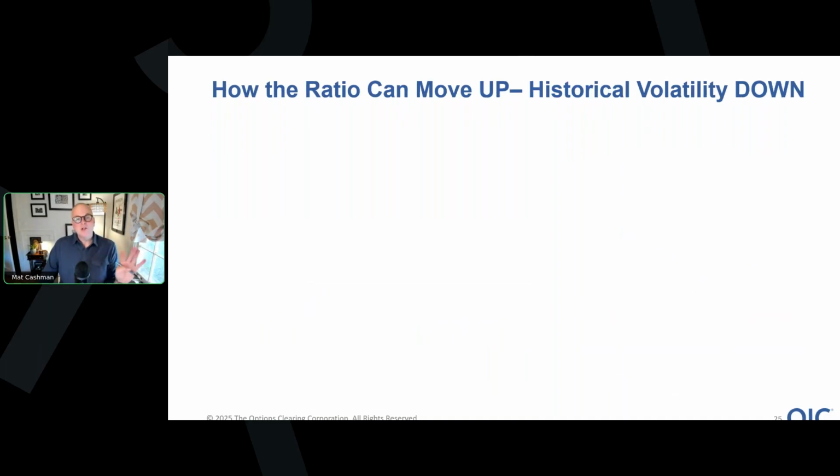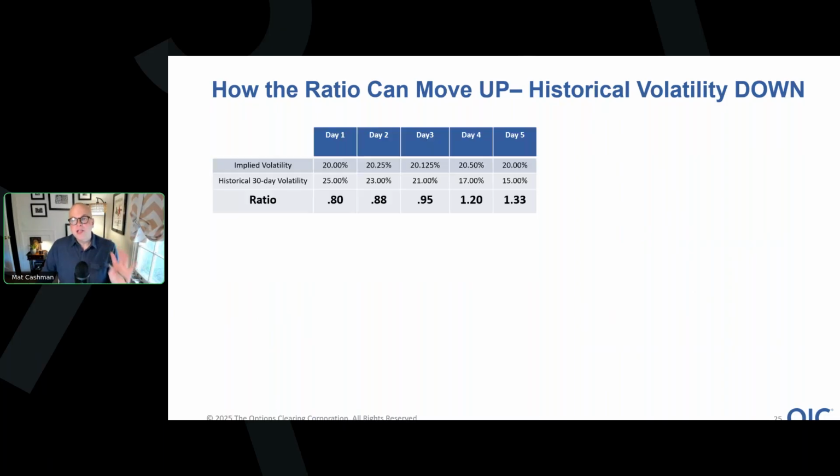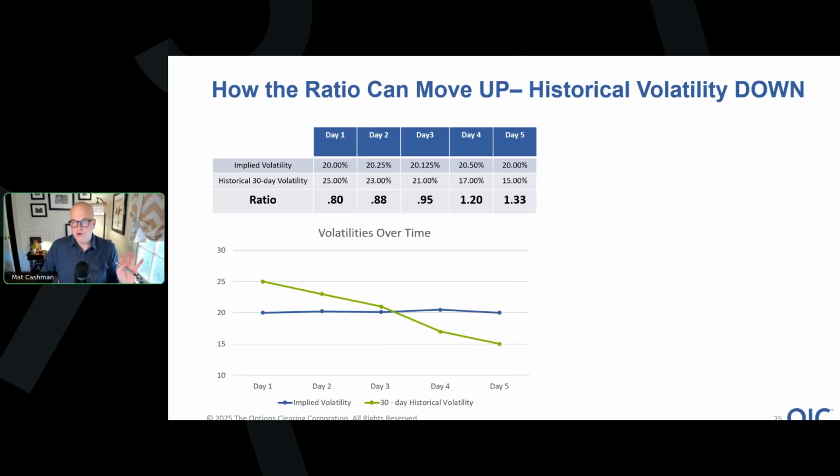Now, we can also look at, like I said, the reason why this ratio can move up is because implied vol stays exactly the same, but the delivered vol craters over the course of 5 days. You see this thing go from a 25 delivered vol right here down to a 15.